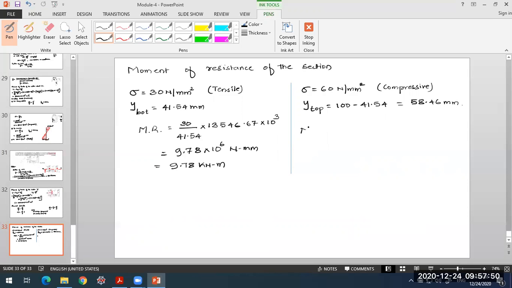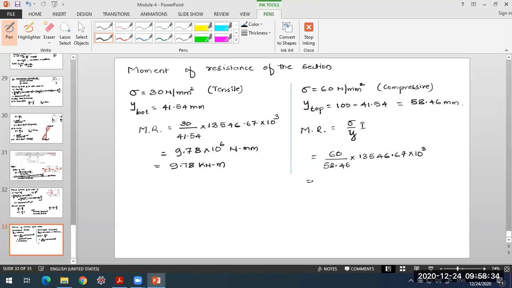58.46 mm will be our y value or y top. Now again, moment of resistance we will be determining by taking the flexure formula only, that is sigma by y into I. So sigma is 60 divided by 58.46 into 13,546.67 into 10 raised to 3.